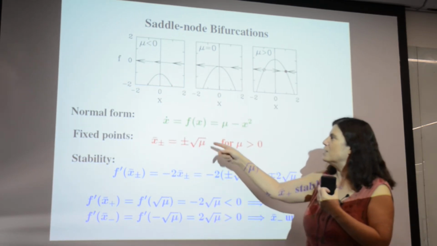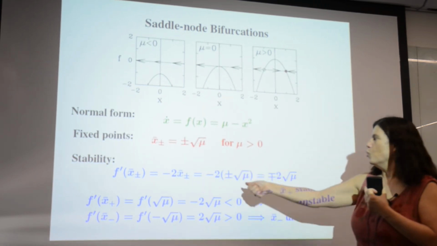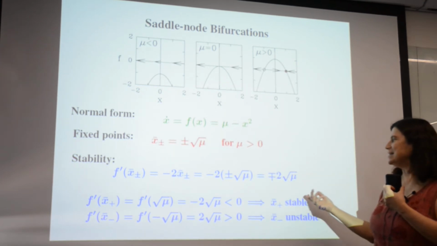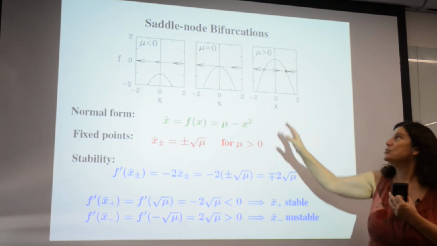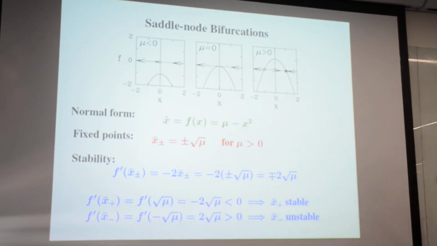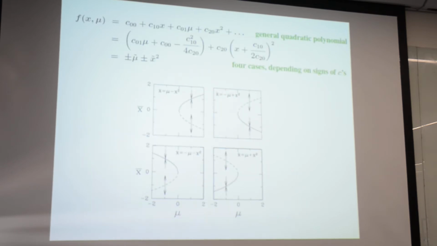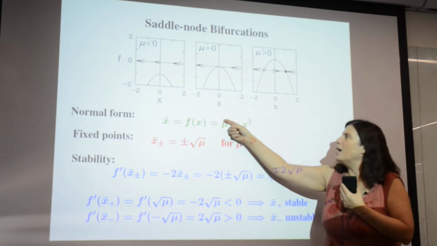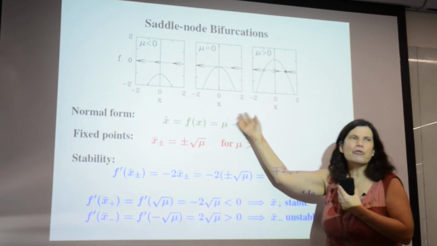And one of them is negative and one of them is positive. So we get minus plus 2 square root of mu. So one of them is stable and one of them is unstable, just as we saw graphically over there. The calculations tell us the same thing.